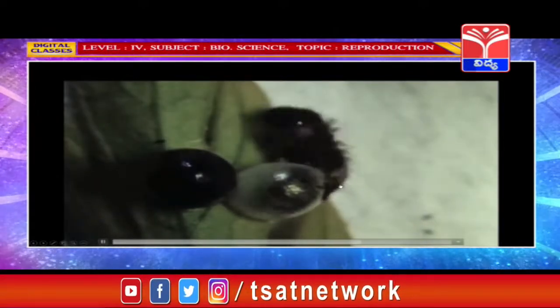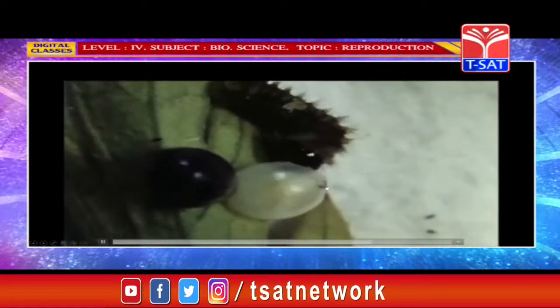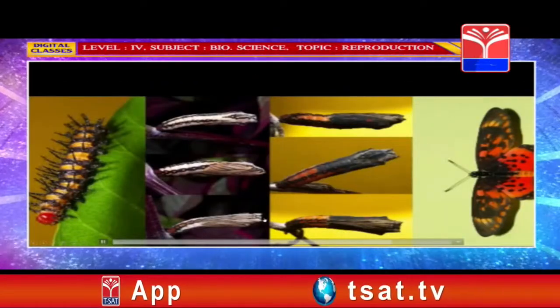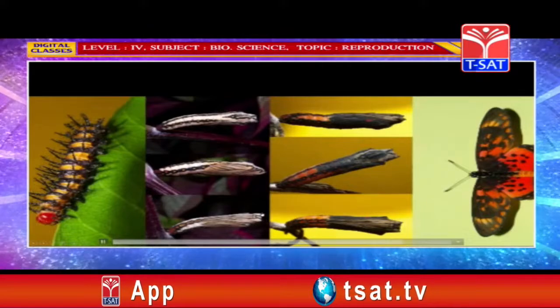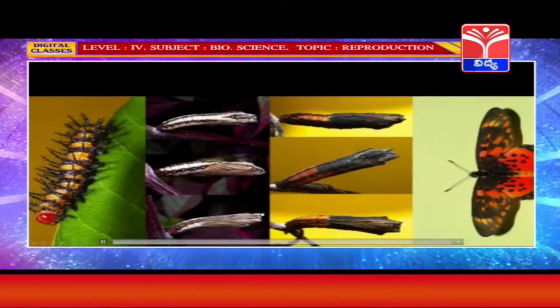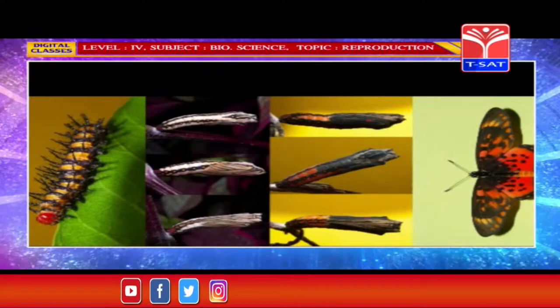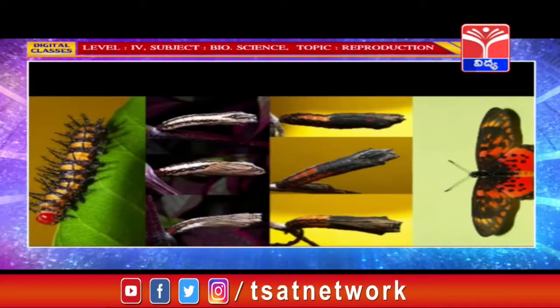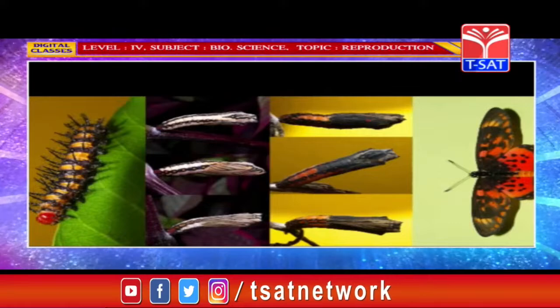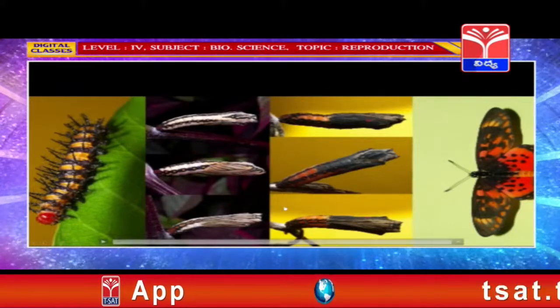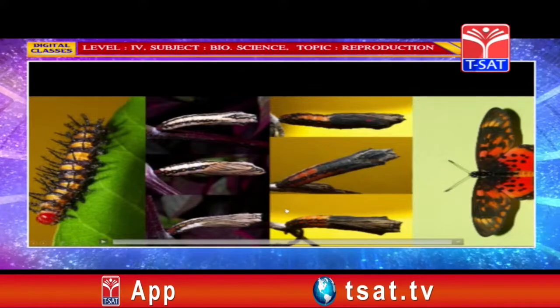These caterpillars feed on the leaves of various plants. After feeding, the caterpillar turns into a pupa. This is the second stage of metamorphosis. Finally, inside the pupa, various changes occur, and eventually metamorphosis turns the pupa into an adult butterfly.